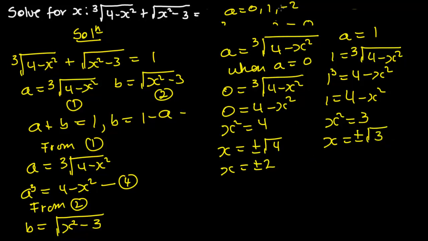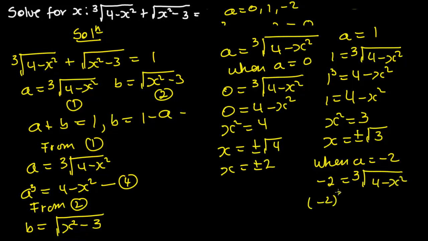Now let us consider our last answer for a. When a is equal to negative 2, what are you going to get for x? You are going to have negative 2 to be equal to the third root of 4 minus x squared. Now from here, we are going to have negative 2 to the power 3 is equal to 4 minus x squared.